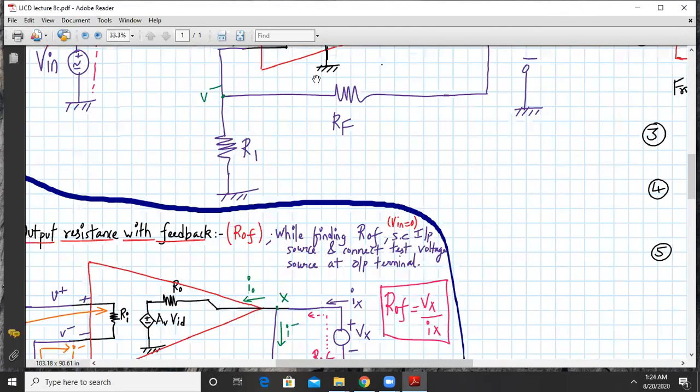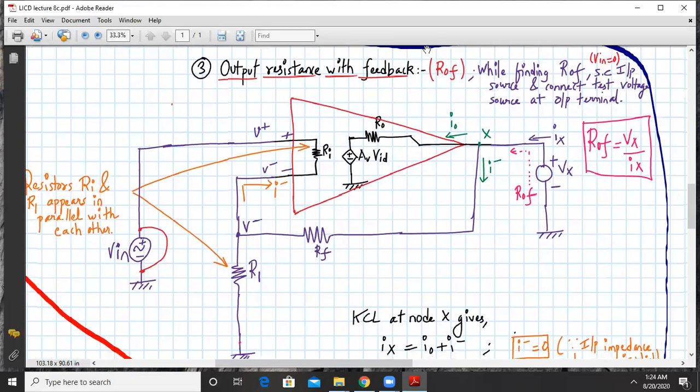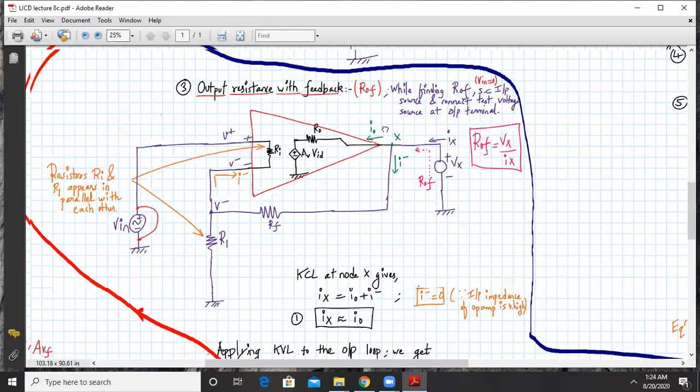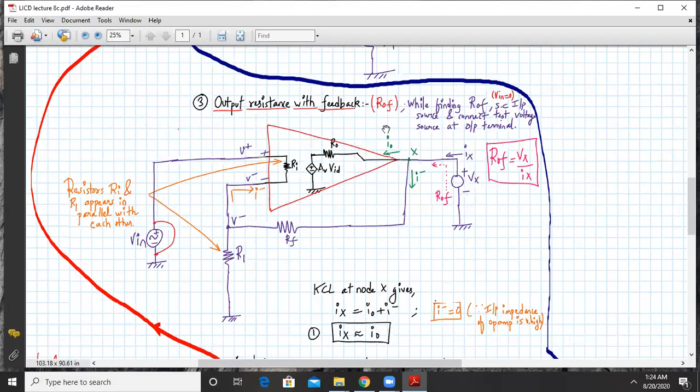So let us begin with the analysis for the output resistance with feedback. Let me zoom out a little. So that's what my output resistance with feedback circuit looks like. For evaluating the output resistance, we have to short circuit the input source and connect a test source at the output terminal. That's exactly what we have done over here.